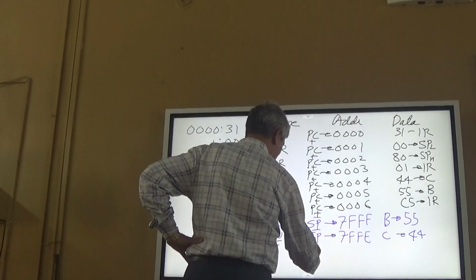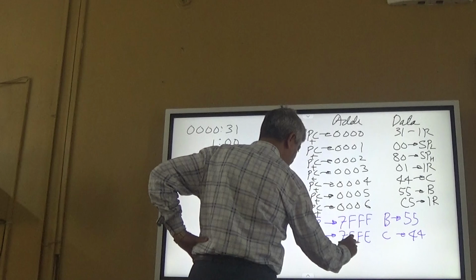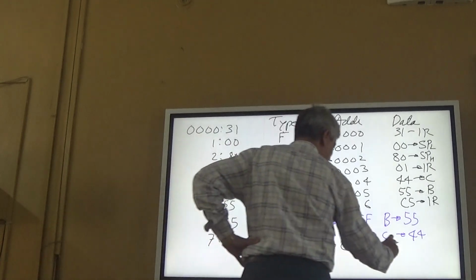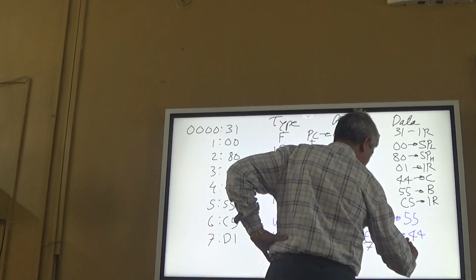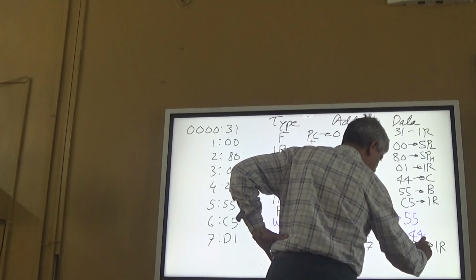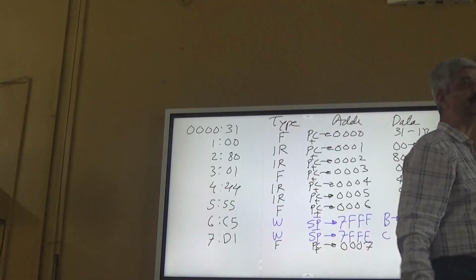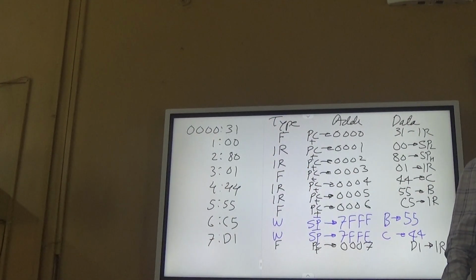Fetch. Program counter giving 0007. Your code is D1. It will go to pop D. The instruction is pop D. So what will happen now?